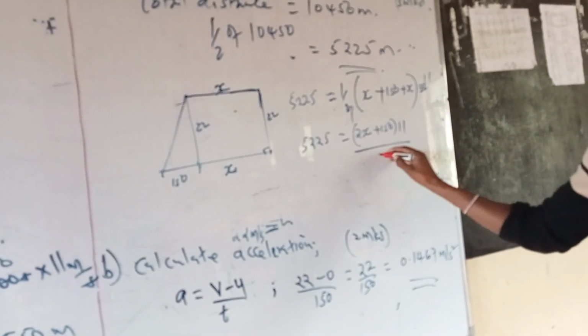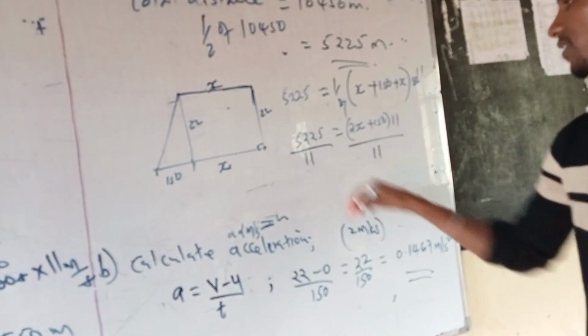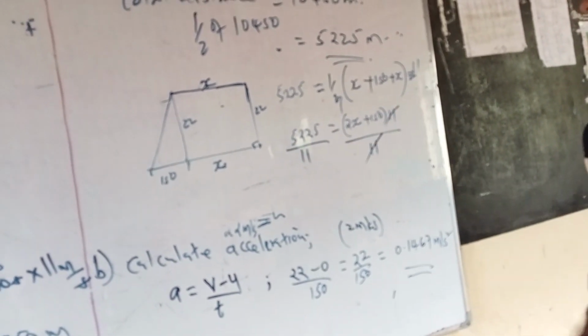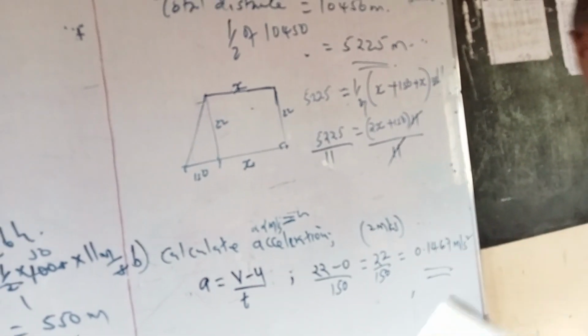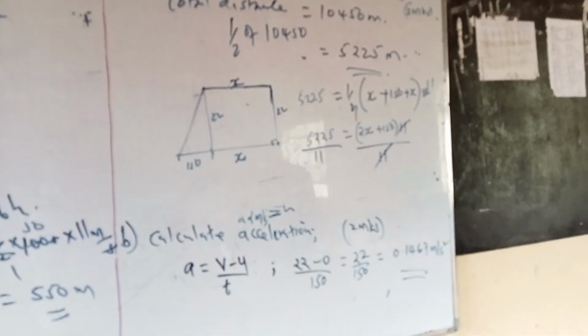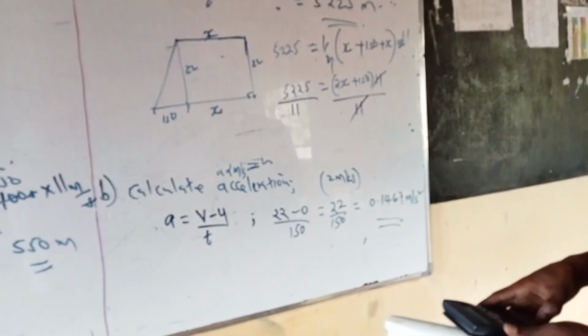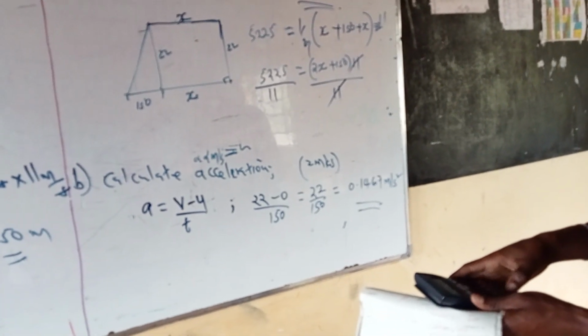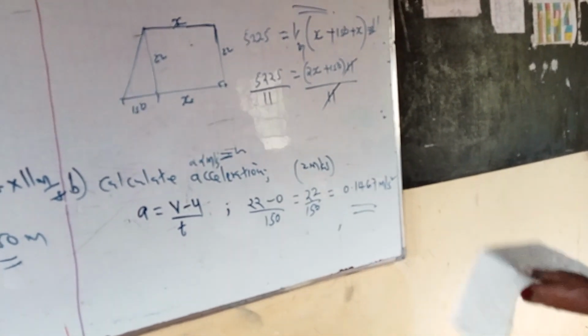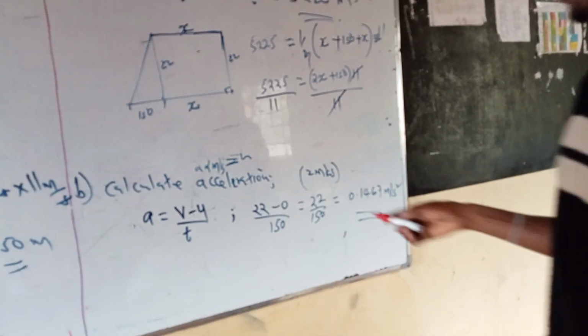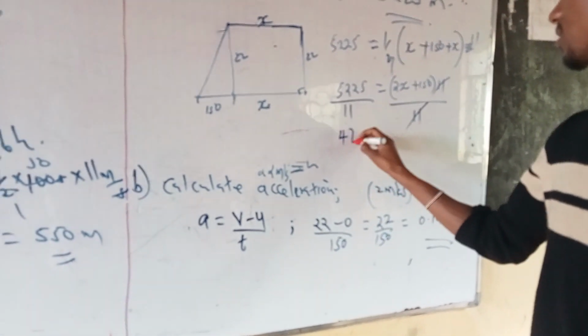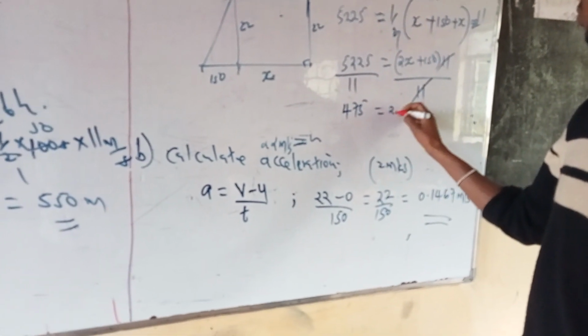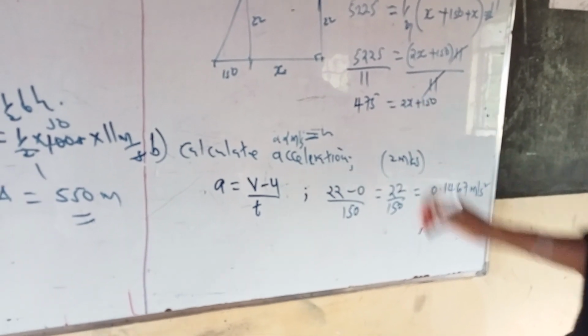You divide this side by 11, you divide this side by 11. This will go with this. 5225 divided by 11 will give you 475. So you get 475 is equal to 2x plus 150.